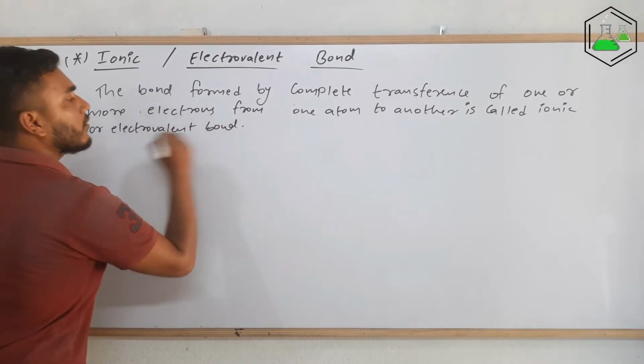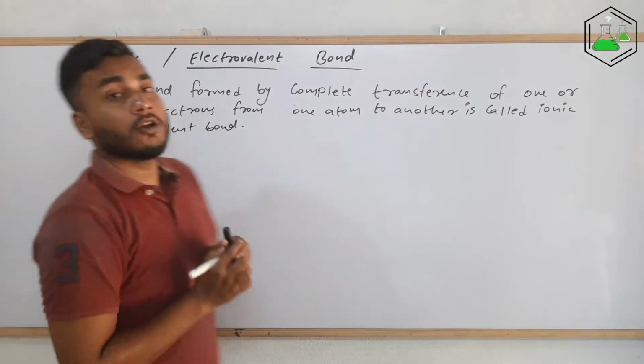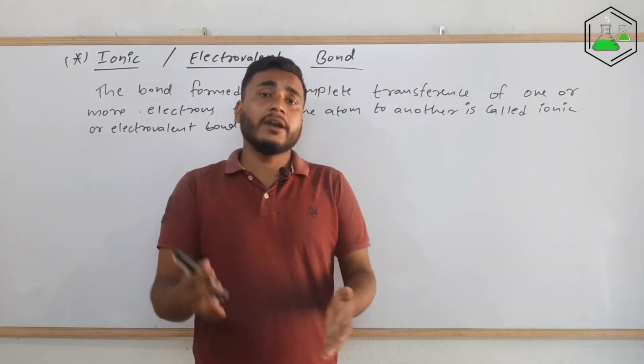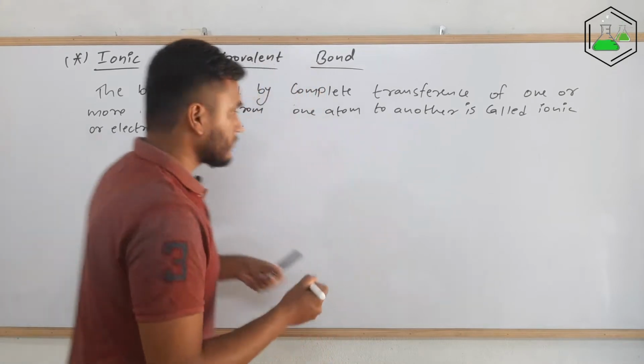So to form this bond, an atom must lose some electron and another atom must gain some electron.